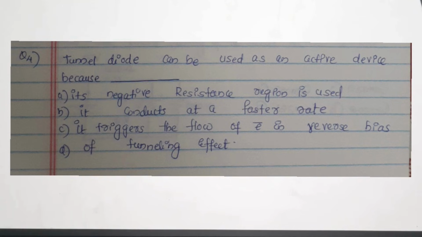A, its negative resistance region is used. B, it conducts at a faster rate. C, it triggers the flow of electrons in reverse bias. No, while discussing tunnel diodes, we don't give importance to reverse bias condition because it doesn't work in reverse bias. D, because of the tunneling effect.